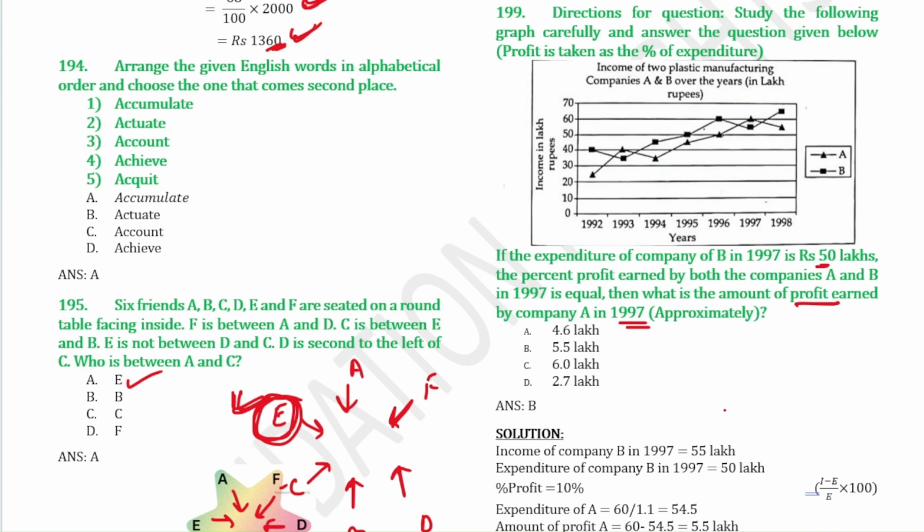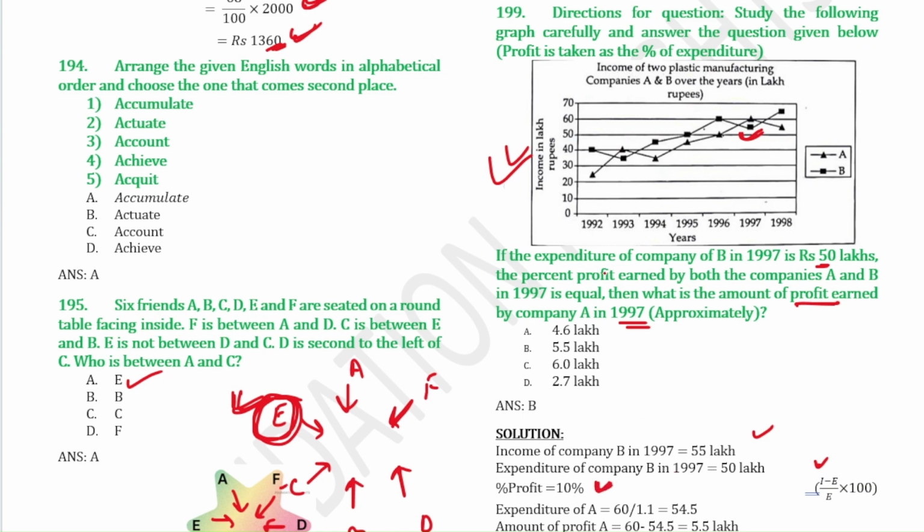So the income of B in 1997, this is the income that is given here, is 55 lakh, right, according to this graph. So 55 lakh, and then the expenditure is given as 50 lakh. So to find the profit percent, that is income minus expenditure divided by expenditure into 100 will give you the profit percent. So in this question, the profit percent comes to 10%.